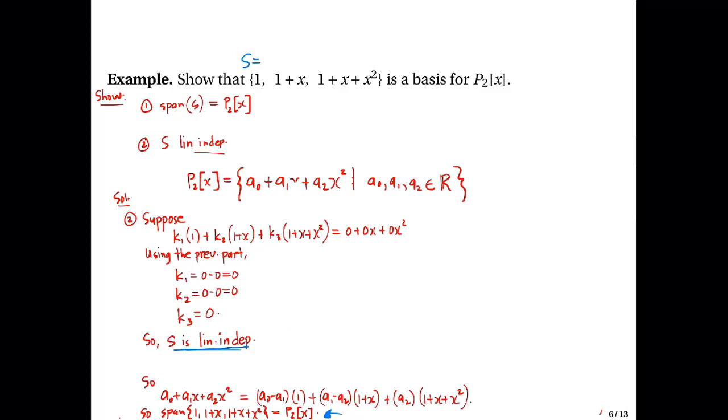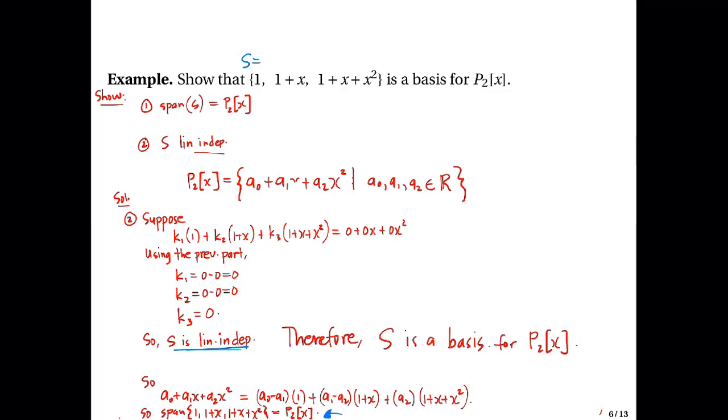Therefore, S is a basis. Okay? Basis for, let me complete this, basis for P2(x), since we are talking about the vector space P2(x).